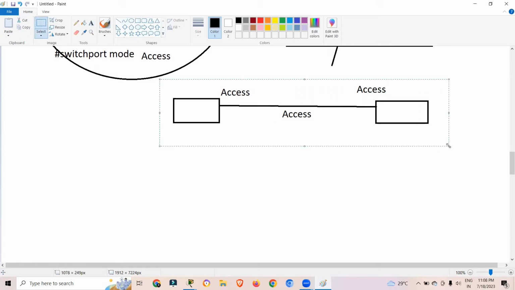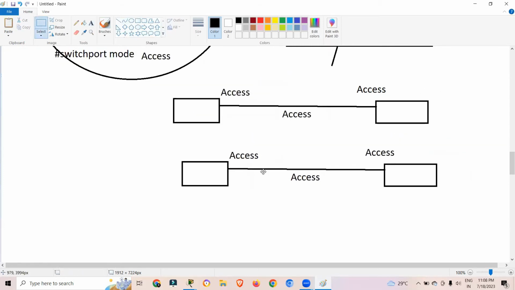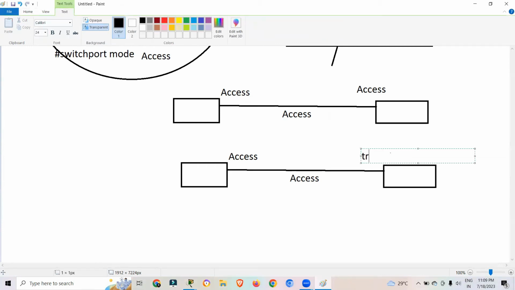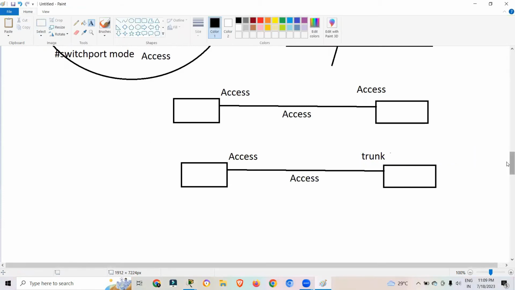Let me copy this, paste again. If one side is in access mode and the other side is in trunk mode, access plus trunk is also the access mode.